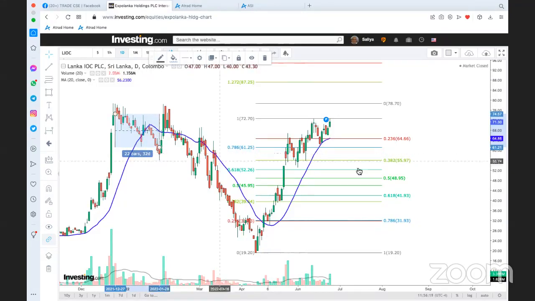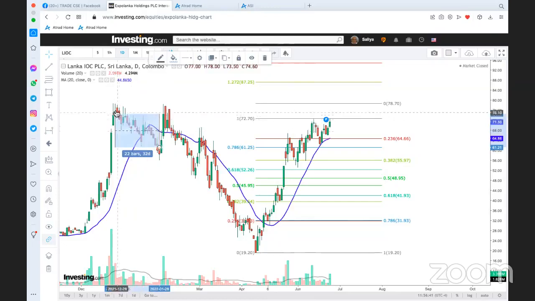So 56 rupees, here it's almost 56 rupees. Here it's 55.70. It came down below 56 rupees also. So this is one of those major supports for the counter. Then when it is going up, now this is all history compared to this level, right?